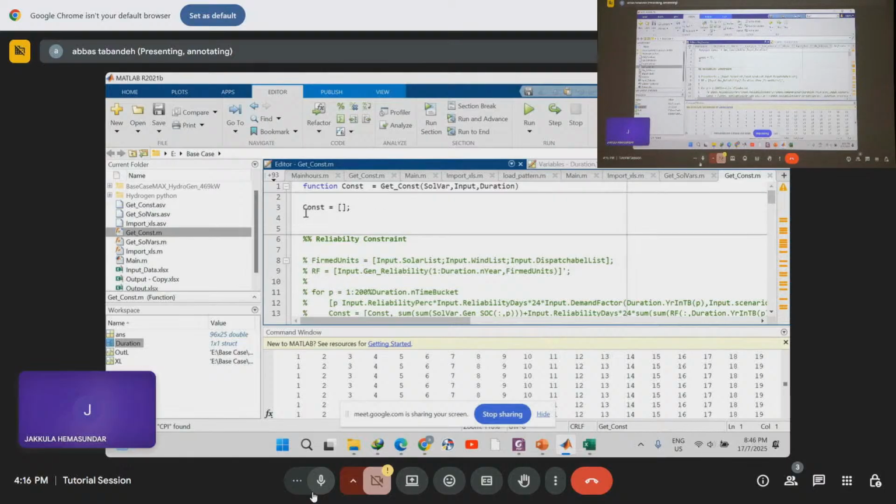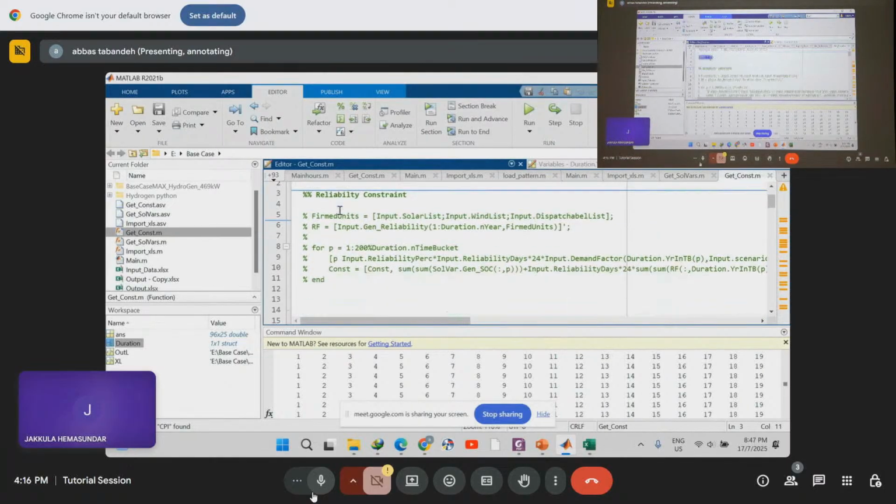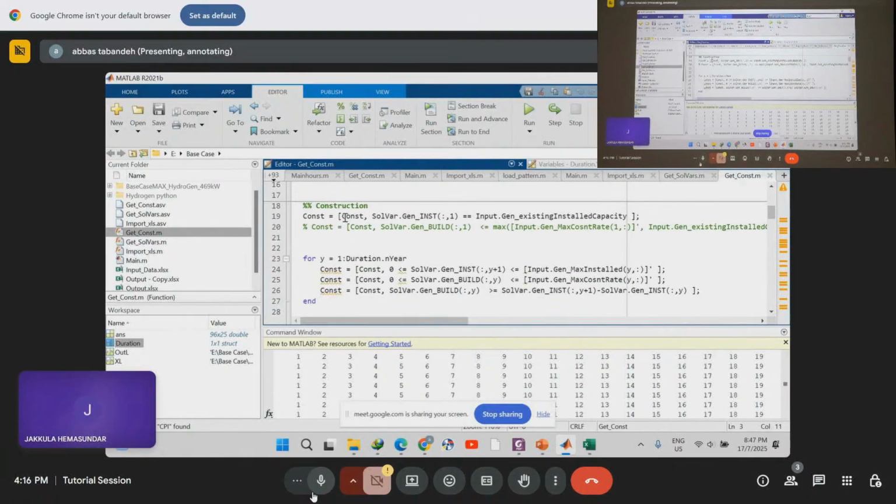We will define it using this syntax, constraint, and all the constraints that we have, we need to model them in our problem. For example, the maximum limitation of building technologies, we need to consider this constraint. For example, the maximum build capacity, build rate, should be less than or equal to that input parameter that we have assumed already.